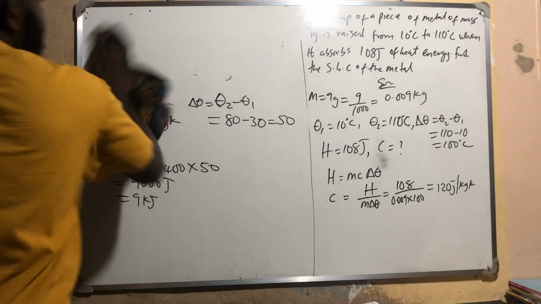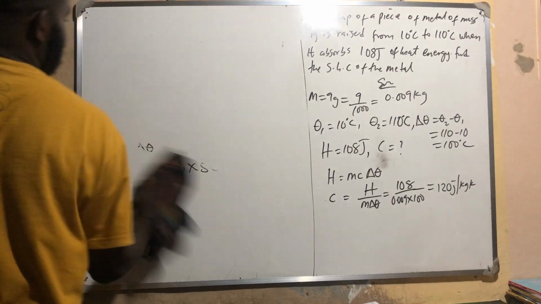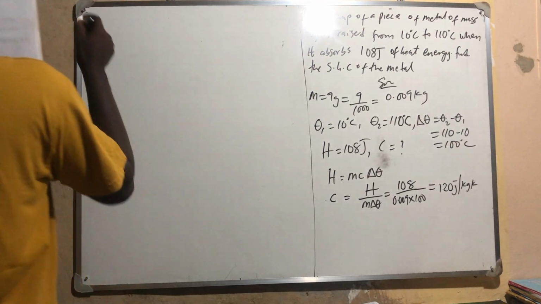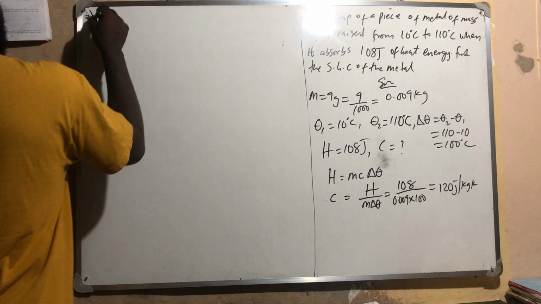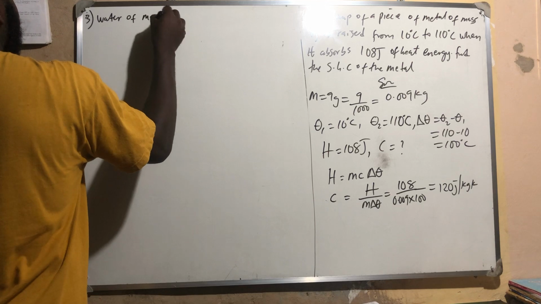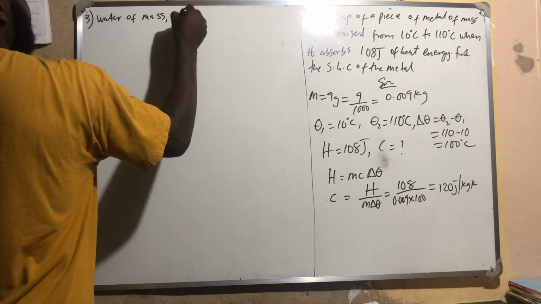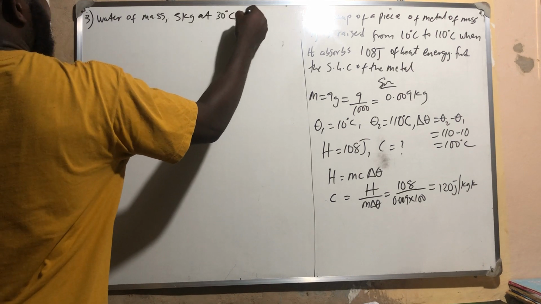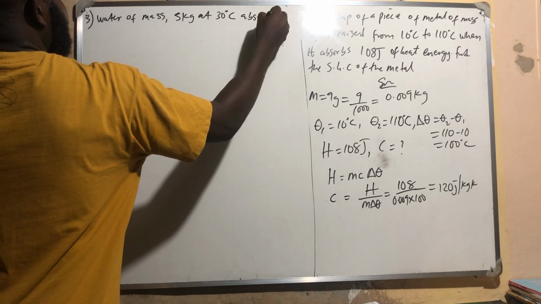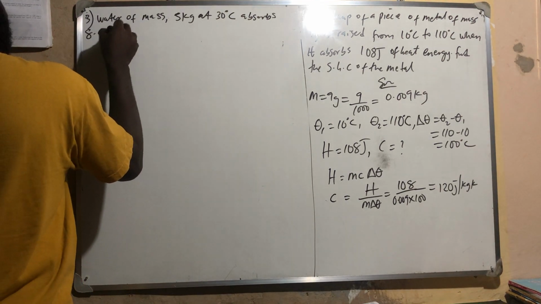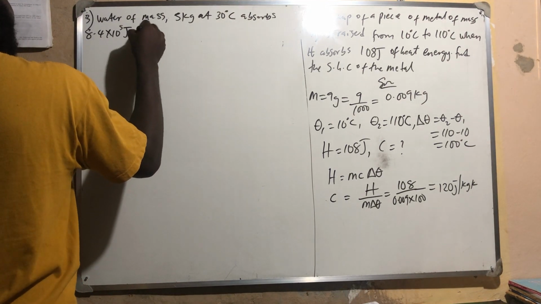Question number 3 said that water of mass 5 kg at 30 degrees Celsius absorbs 8.4 times 10 raised to the power 5 joule of heat.